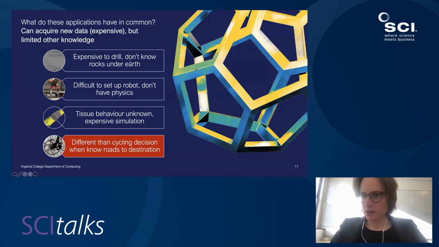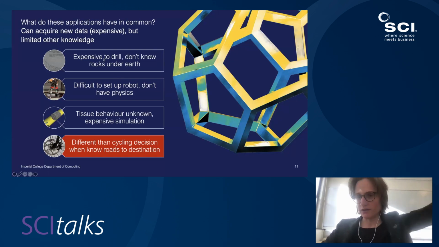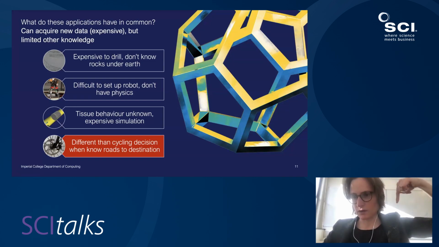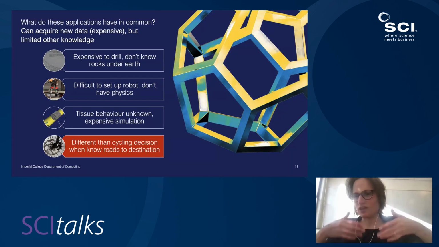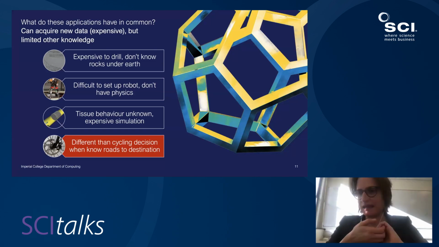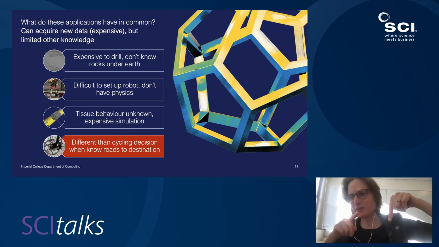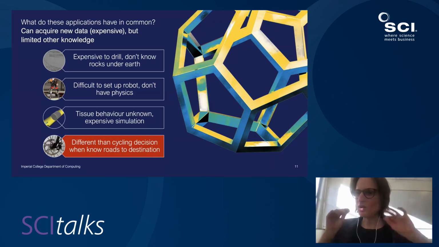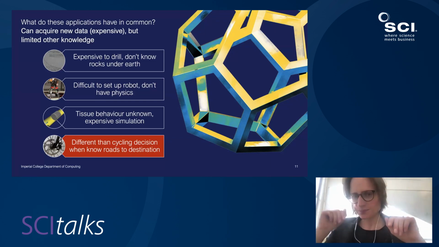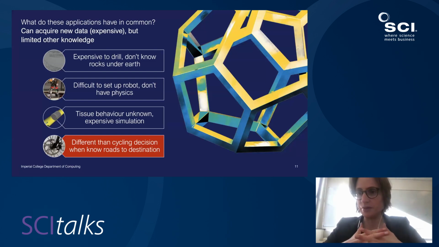The geology example is a prime example, because there it's quite expensive to drill. A single drilling operation is going to be very expensive into the middle of the earth. And we don't actually know what's going on with the rocks in the middle of the earth. Maybe a geologist can say, well, if you've got this pattern for a while, here, it's probably going to be similar in other places, but you don't really know. You don't have some nice A goes to B equation.